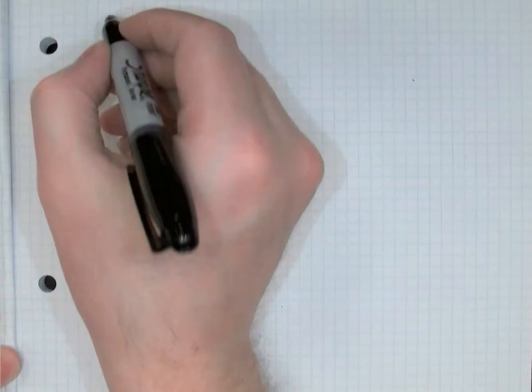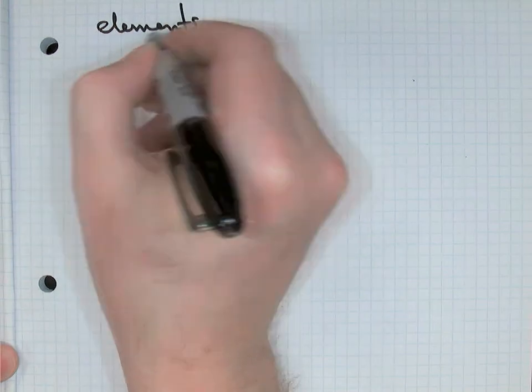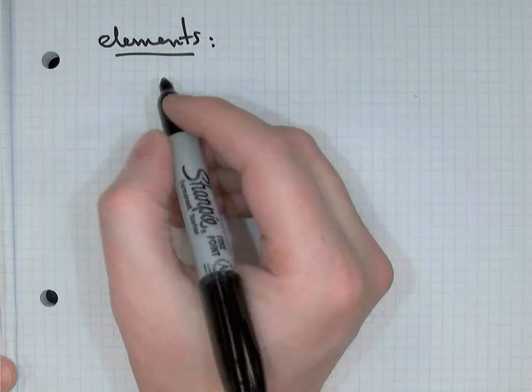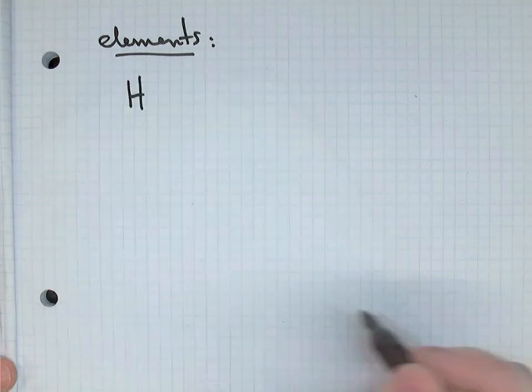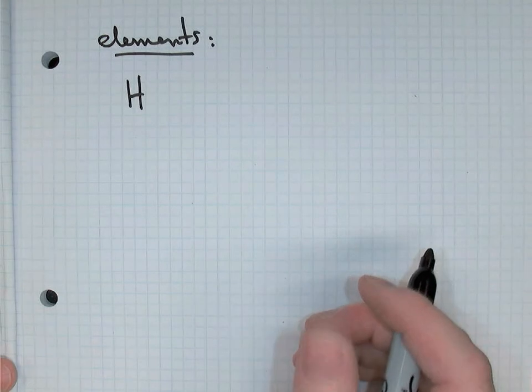To start with, why don't we draw some Lewis diagrams for elements. A simple diagram for elements. So we're focusing on the valence electrons. If we start with the simplest atom of them all, hydrogen, if you have a periodic table beside you as we do this, that would be great.